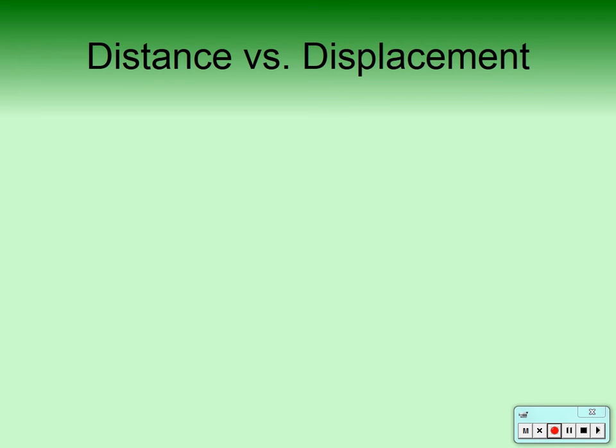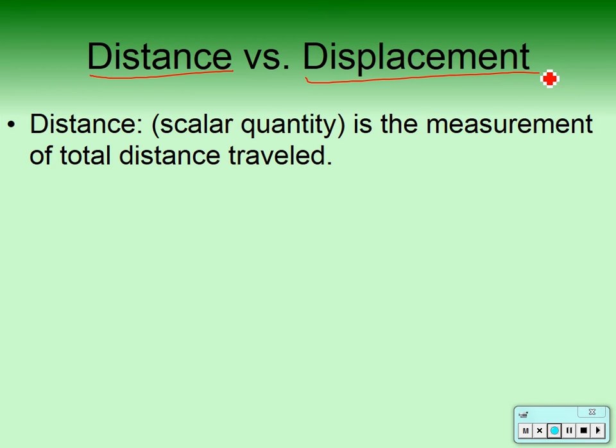Okay, let's talk about the second thing that we wanted to learn today. We're going to talk about distance and displacement a lot for the next little while. They're very different, so let's learn how they're different. Okay, distance is a scalar quantity, which means it's a measurement of total distance traveled. It's just a number.